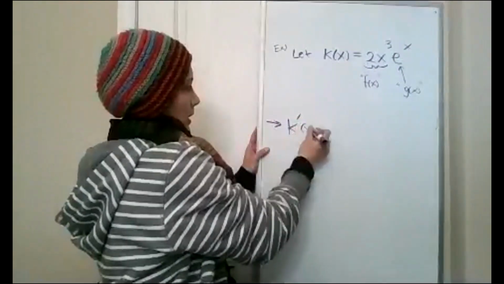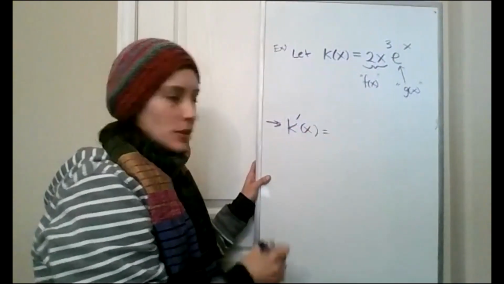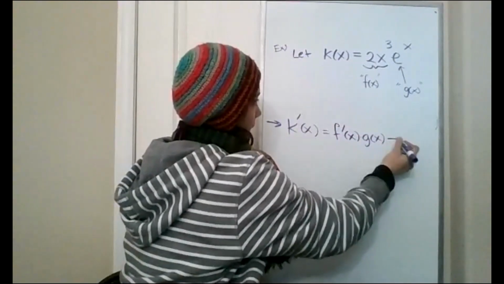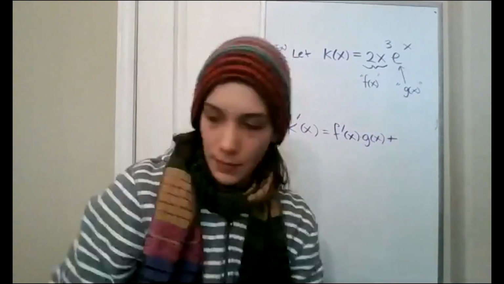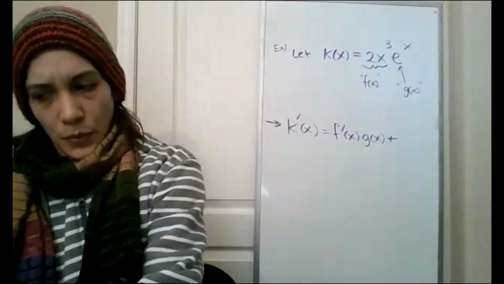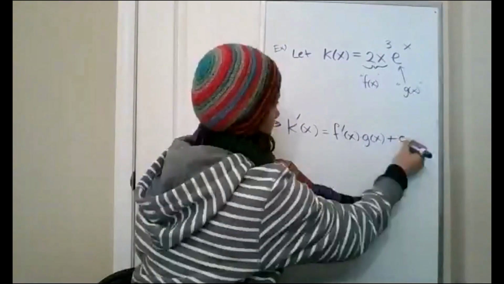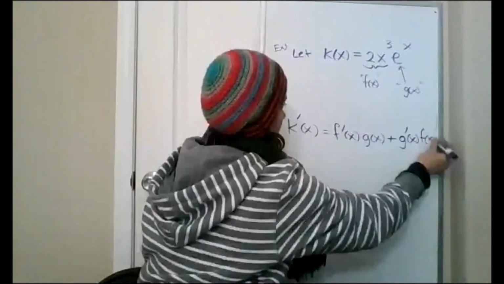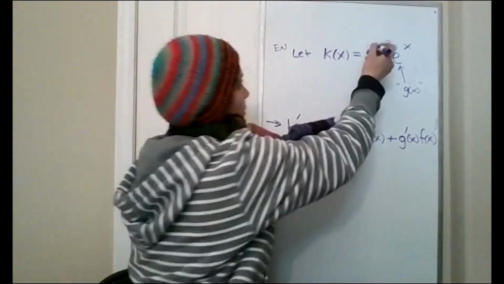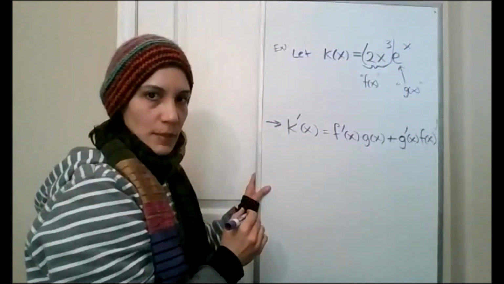Derivative. Let's do the formula first. So f prime of x times g of x, you add g prime of x times f of x. Maybe we could put some extra steps in here.